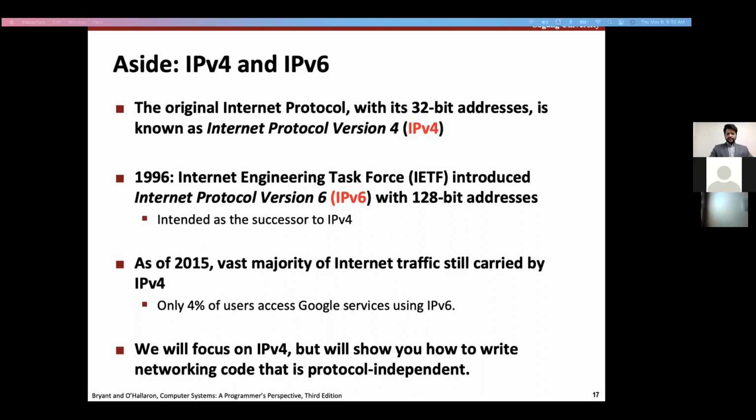In 1996, the Internet Engineering Task Force, IETF, introduced a new Internet Protocol version, IPv6, with 128-bit addresses, initially intended as a successor of IPv4.